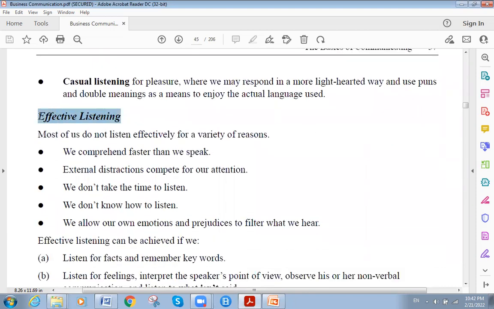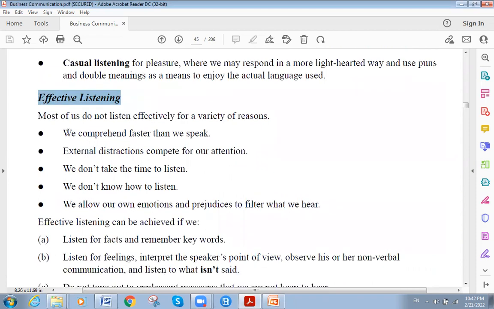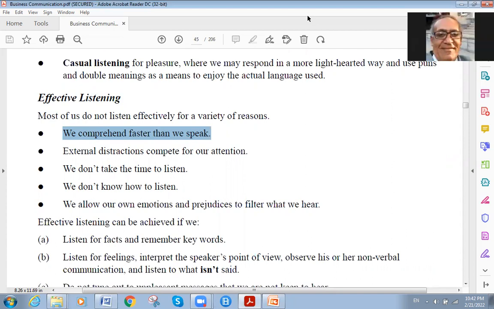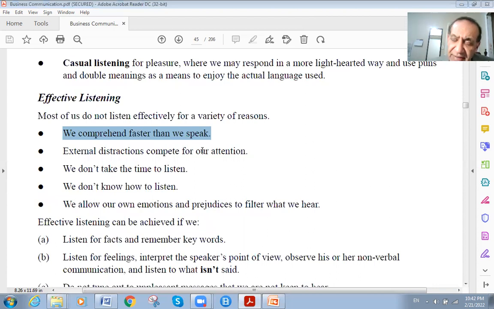Effective listening. How will we achieve effective listening? We comprehend faster than we speak, so understand what you are listening to more than speaking. Like we saw just now, managers listen more than they speak.